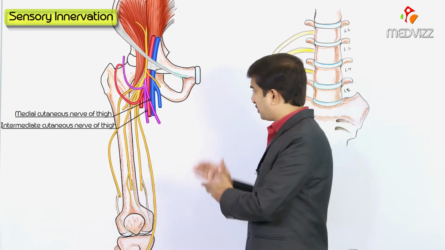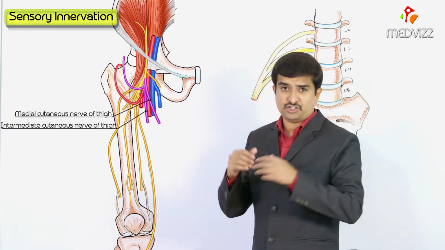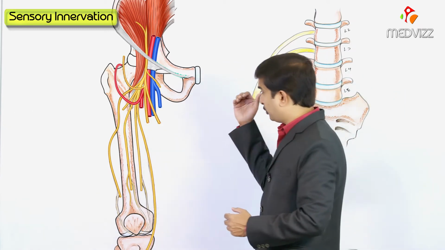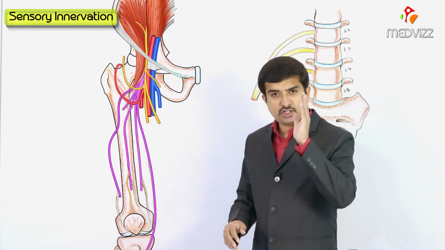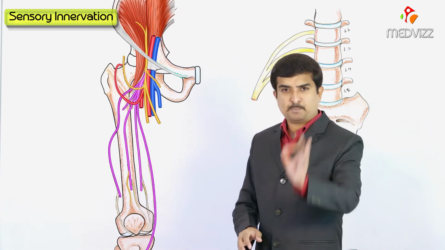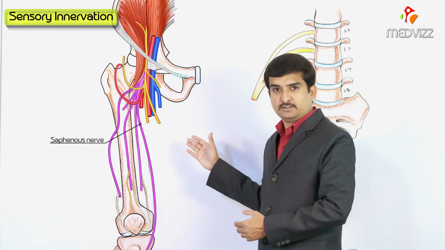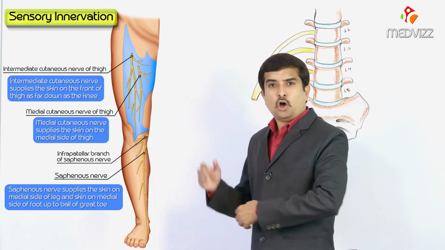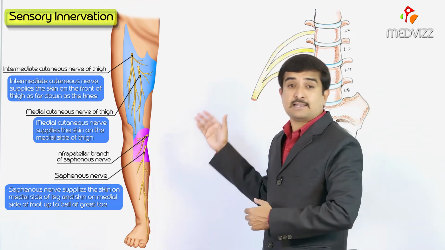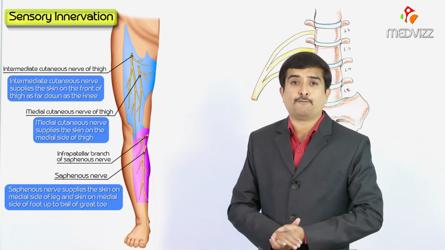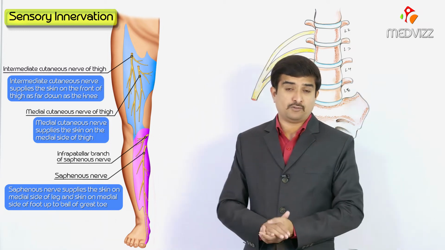And when we talk about the posterior division, it gives off one important cutaneous nerve called the saphenous nerve, which supplies the skin on the medial side of the leg and skin on the medial side of the foot up to the ball of the great toe.